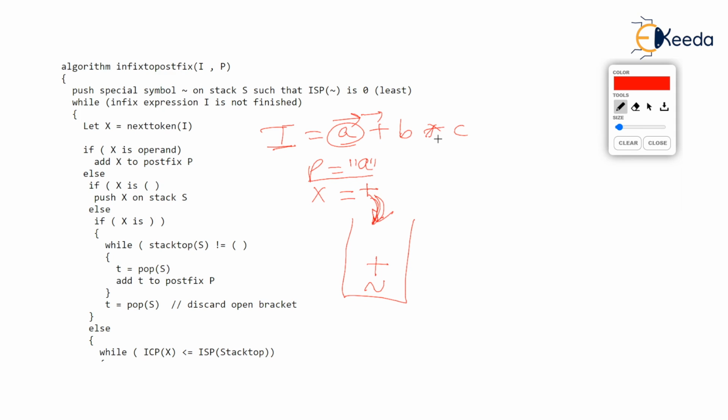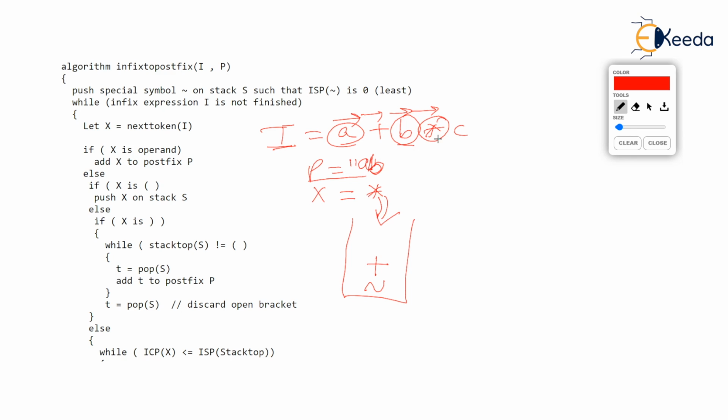Now the next token in the infix, observe, is B, but B is an operand. So you simply add that B in the postfix. So postfix becomes AB. Now the next symbol is multiply. Multiply is an operator and multiply must go on the stack, correct or not? Can multiply go on plus?